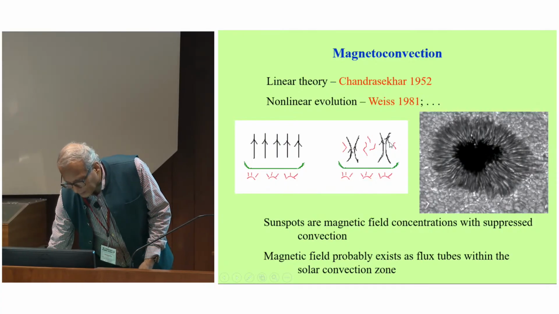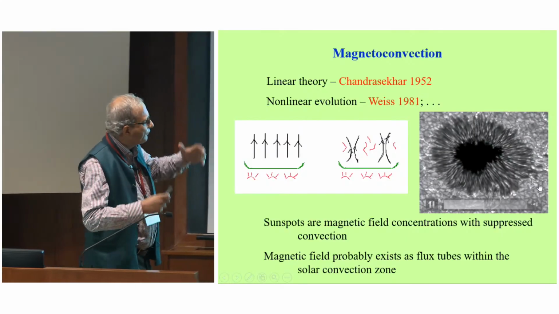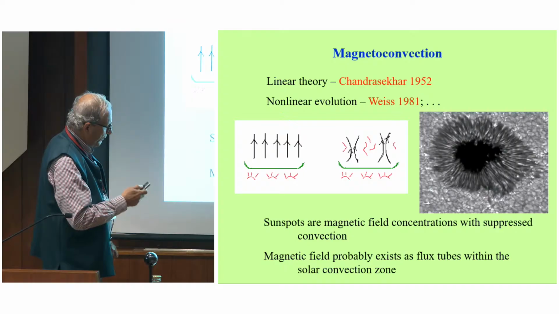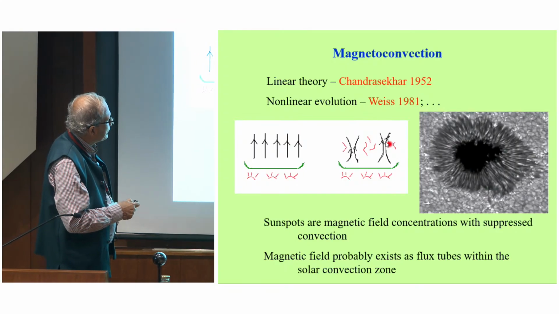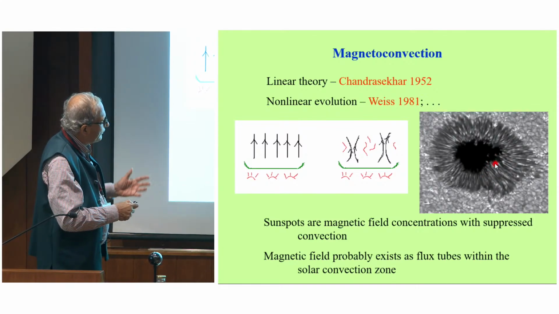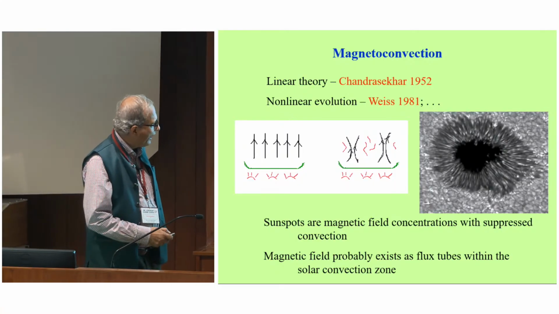So sunspots are believed to be such concentrations of magnetic fields which are bundled together by convection taking place in the surrounding regions, and because of the inhibition of heat transport by the magnetic field, these regions are colder, and that's why they appear darker.